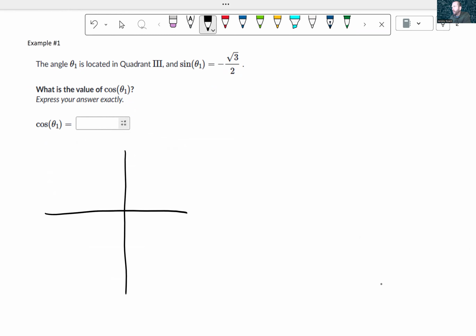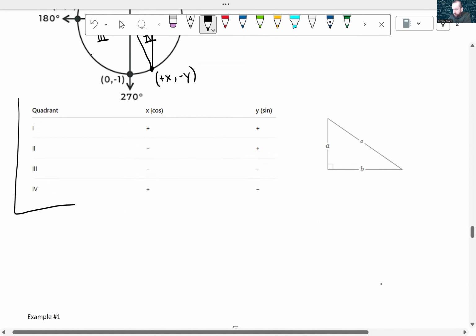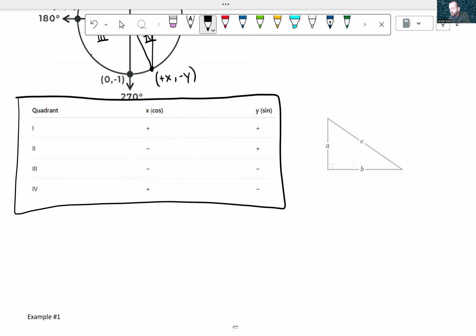We're going to use the Pythagorean identity, x squared plus y squared equals 1 squared, or cosine squared theta plus sine squared theta equals 1 squared. But when we get our final answer, we have to decide by using this table here, is our answer going to be positive or negative? So we have to use this table to find that out at the very last step.